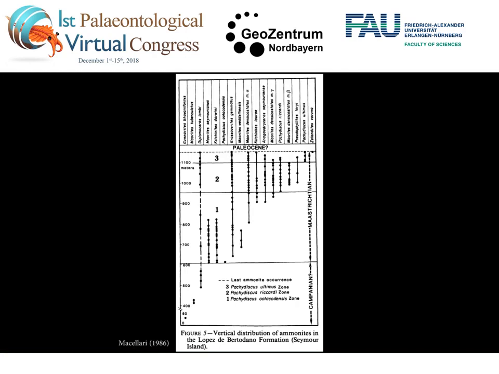The second publication only documents ammonite occurrences on Seymour Island that were collected during these field seasons. This figure is taken from this publication, and it is actually a central part of this publication. It documents the vertical distribution of ammonites found on Seymour Island.